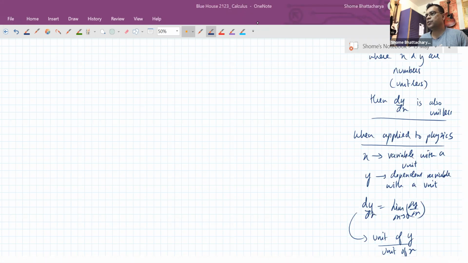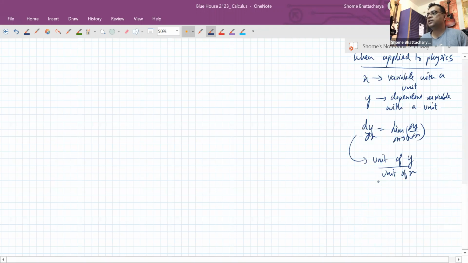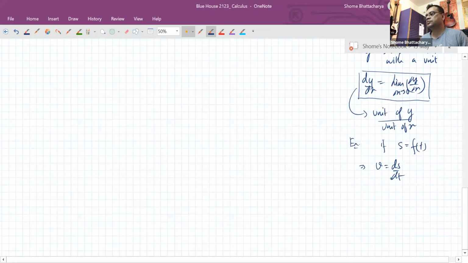Okay, then I understood this point. Because it is a change in y divided by change in x. No? Very small change, but all the same, it's a change in y. So for example, if we are expressing distance as a function of time, then instantaneous speed is defined as rate of change of distance with respect to time.